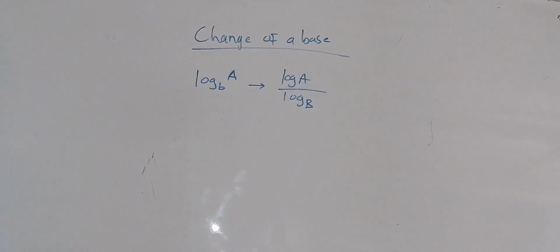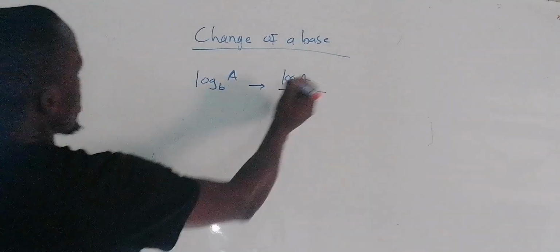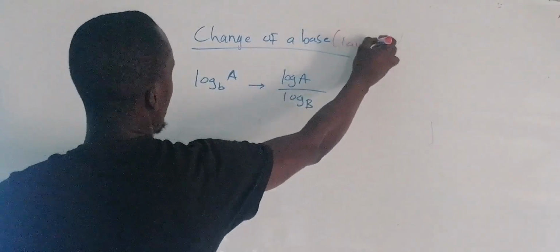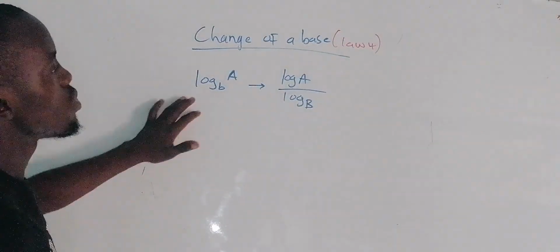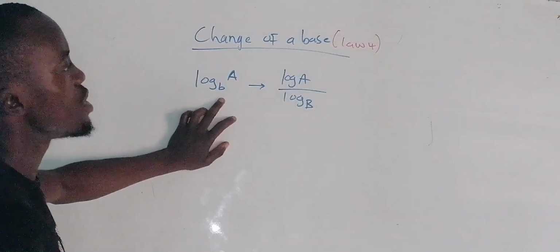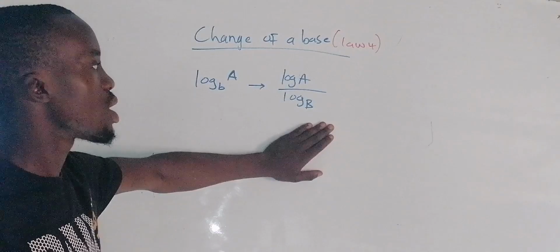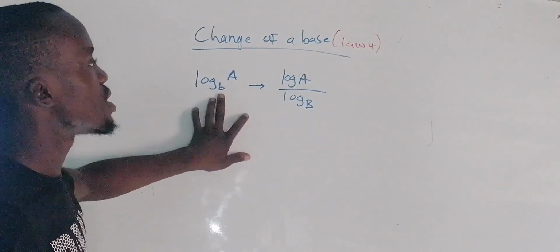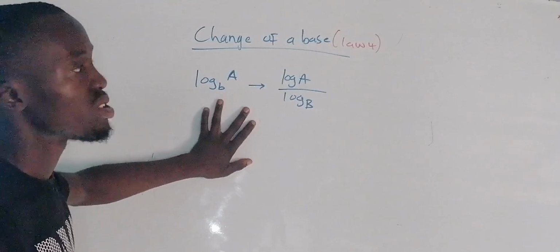We come to the last part of our lesson, change of base. This is law number 4. So log A base B equals the log of an exponent divided by the log of a base. So that capital letter B, it's this one, just that we've changed the base.